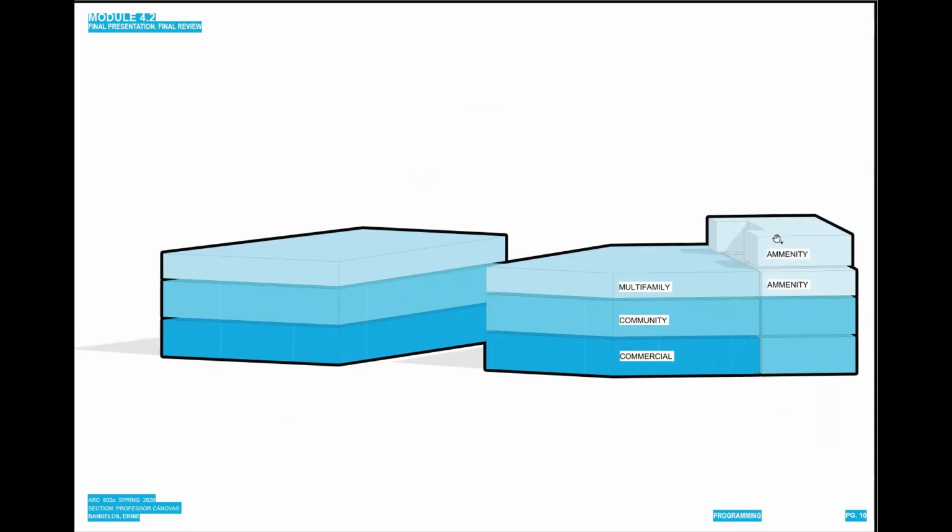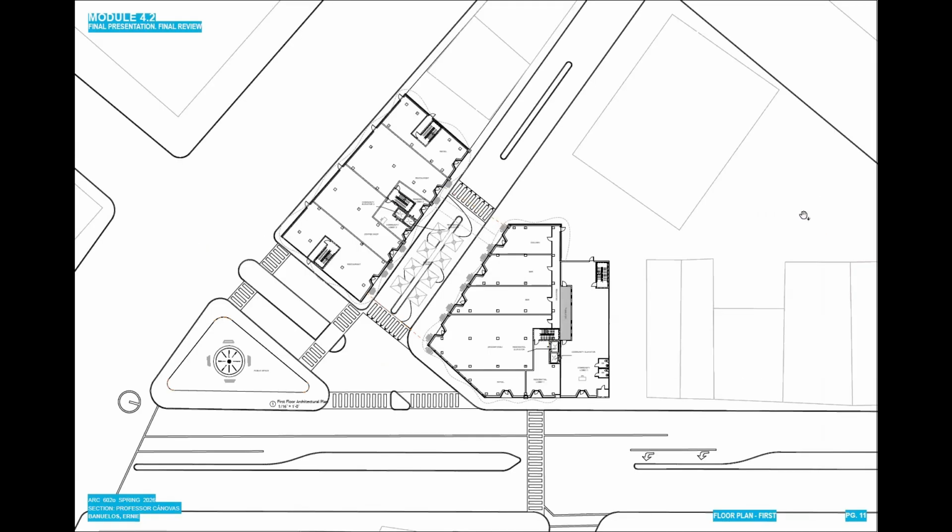And then the rooftop will have an amenity space for residents. And on the other building, there will be a green roof that will be open for community use.